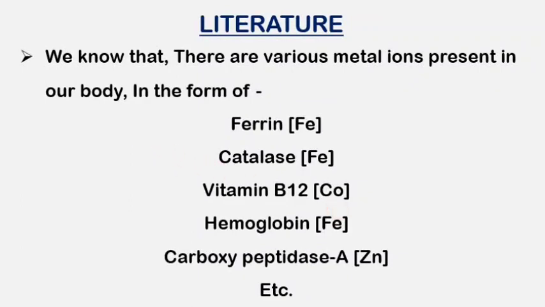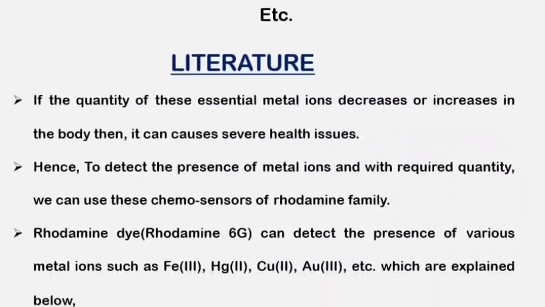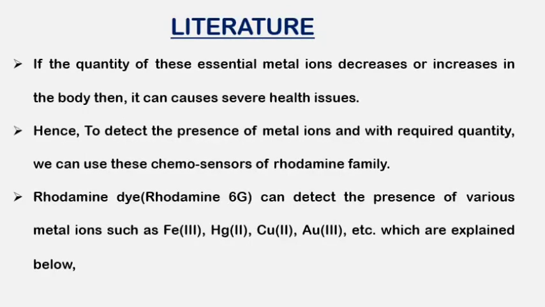We know that there are various metal ions present in our body in the form of ferritin, catalase, vitamin B12, hemoglobin, carboxypeptidase A, etc. If the quantity of these essential metal ions decreases or increases in the body, then it can cause severe health issues.